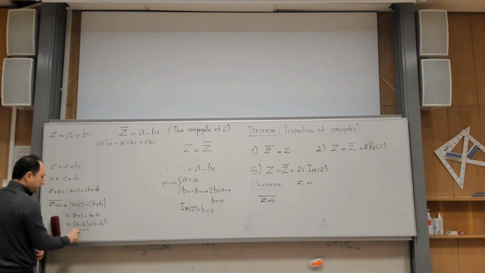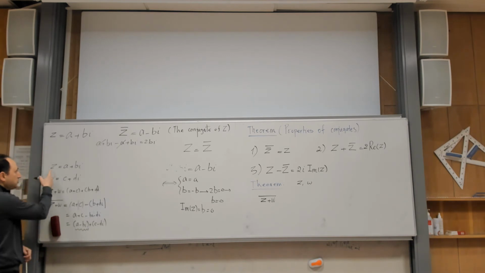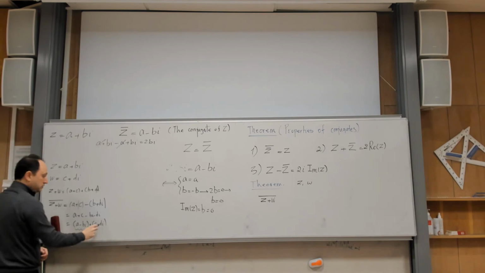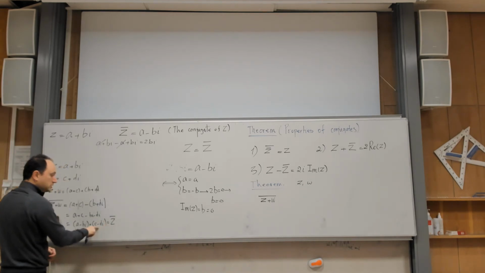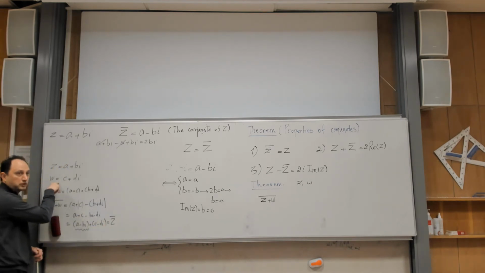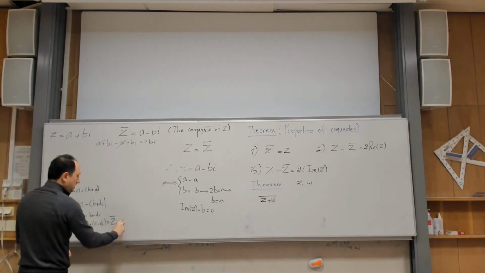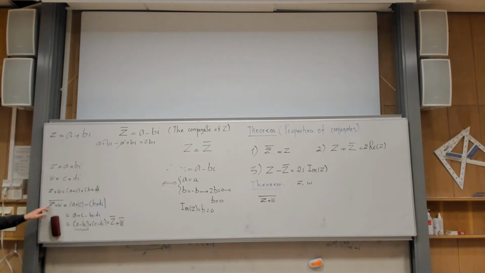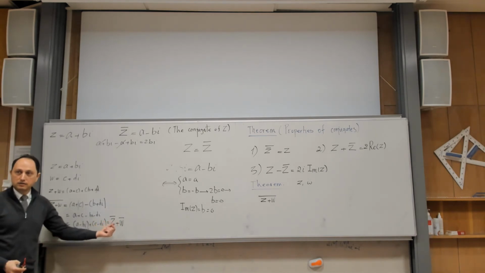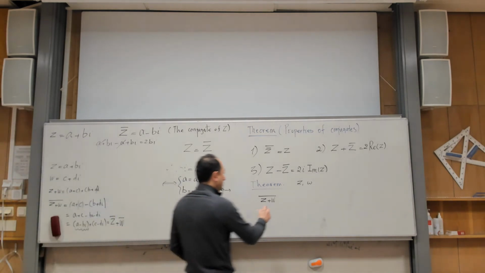If I ask you what is the name for this, you say that because z was this, this is just z bar. Yes? So this becomes z bar. And what is this one now? It is w bar. So it's a nice relation. It doesn't matter if you add first and then conjugate, or first conjugate and then add. So that's a nice relation, remember that.